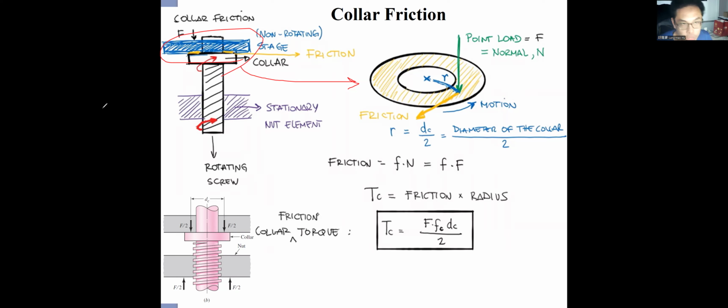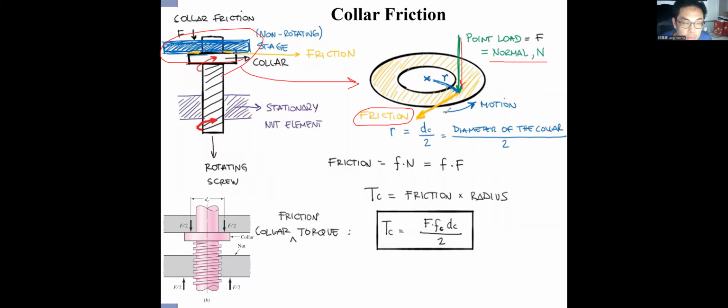Suppose we have a point load, perpendicular to the surface, which equals the normal force N applied to the surface. This N times the friction coefficient between the collar and the non-rotating stage gives the friction force.